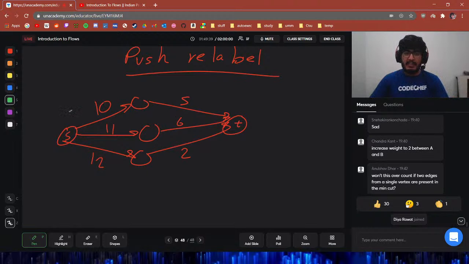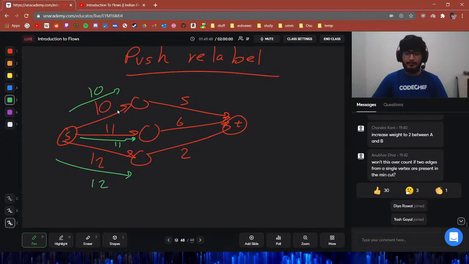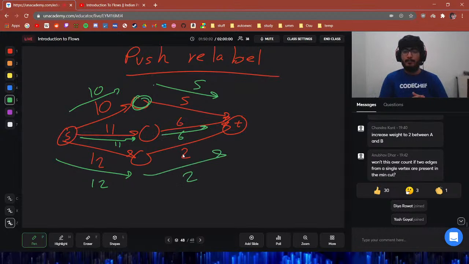It starts out with flow being 10 here, 11 here, and 12 here. It goes to this node, and from this node it has the outgoing flow as 5, the outgoing flow here 6, and the outgoing flow here as 2. So basically it then goes back and removes these excess flows.